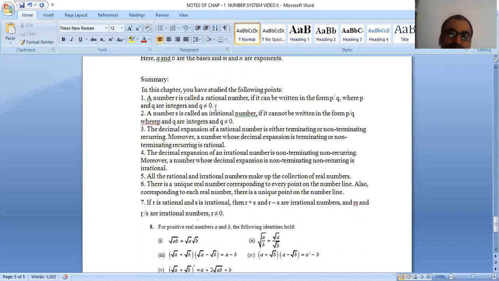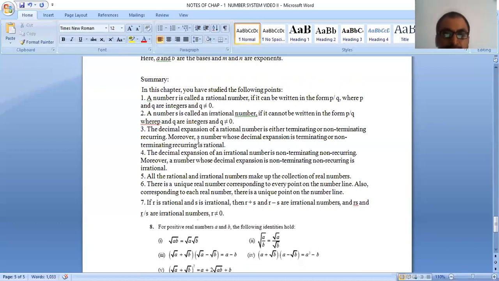In my first video, I have told you clearly. Second point is a number is called an irrational number if it cannot be written in the form of p upon q, where p and q are integers. I have told you also about irrational numbers. Third point is the decimal expansion of a rational number is either terminating or non-terminating, recurring.